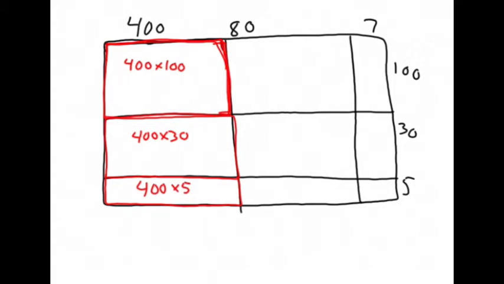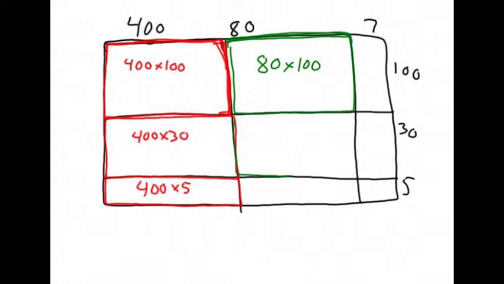Okay, now I want to move to the middle here, these middle rectangles, the green ones. So above here, this is 80 wide, and across the side, or up and down, there's 100. So in that box, I'm going to multiply 80 times 100.